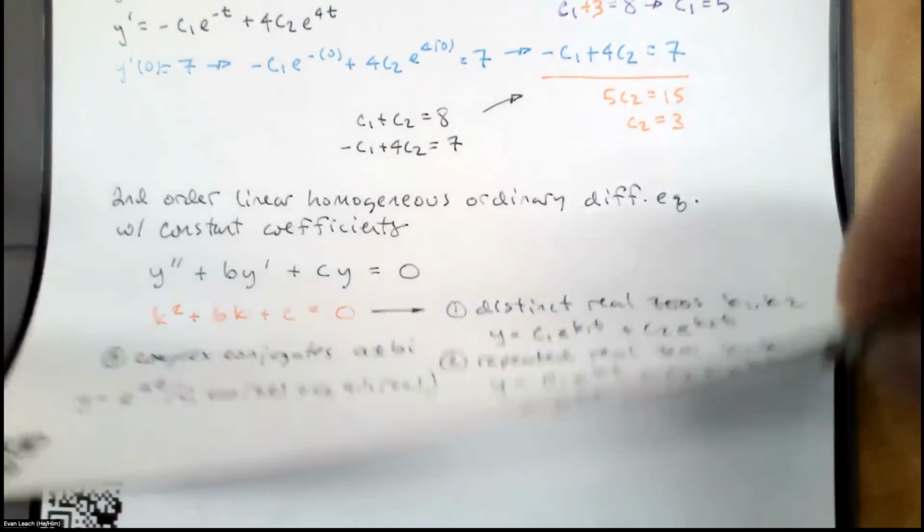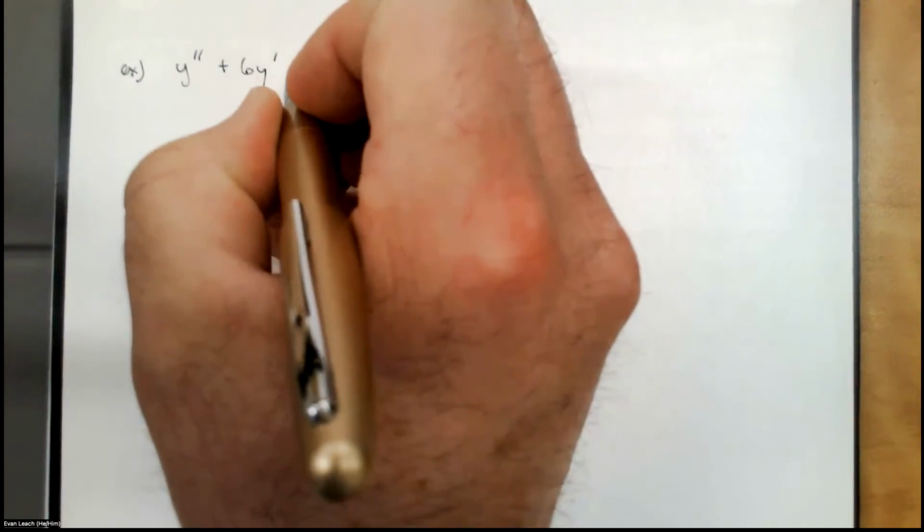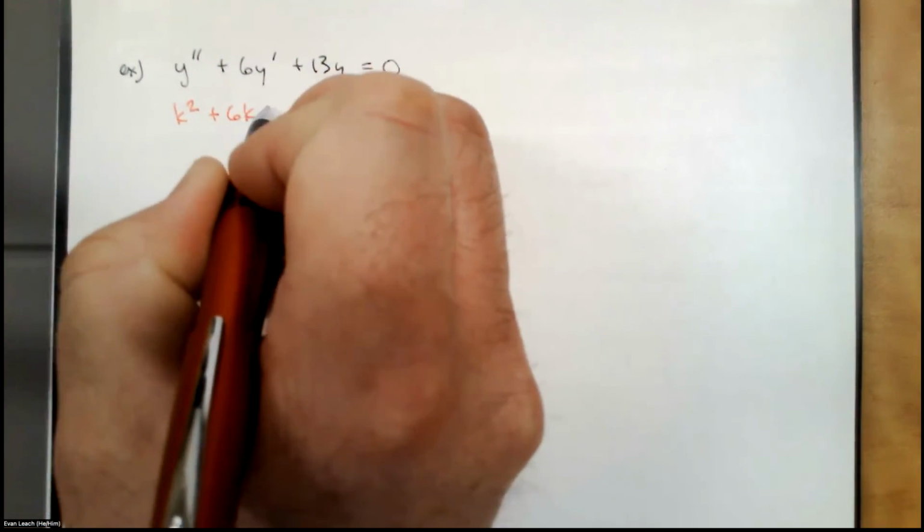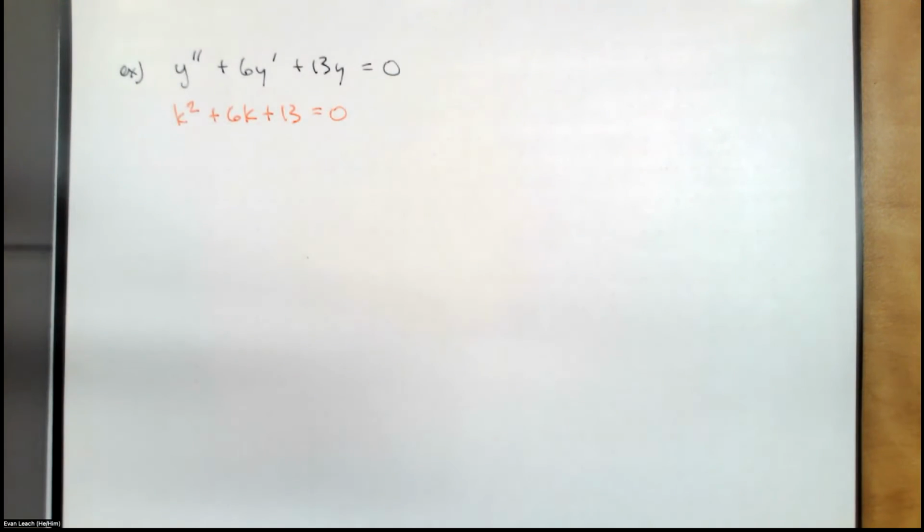Let's do an example. If our differential equation is y double prime plus 6y prime plus 13y equals 0, that's going to give us a characteristic polynomial of k squared plus 6k plus 13.